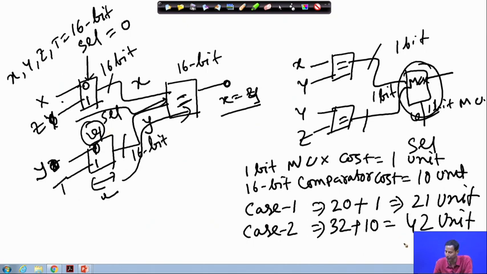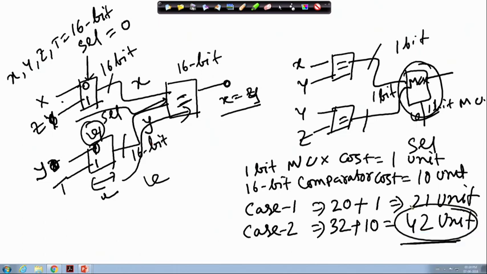So by putting the resource sharing option on, I am consuming more area as well as more power. It is not at all true that putting this resource sharing option on will always give you the benefit of area saving.